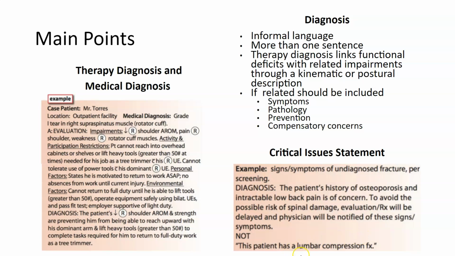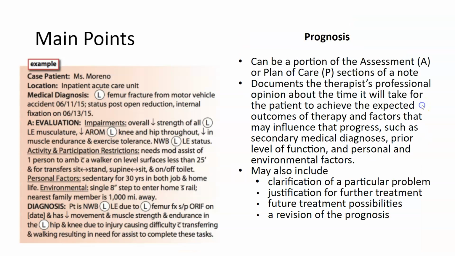We're not going to diagnose them with that more substantial aspect because we would need more imaging, possibly, or it's just beyond our scope to actually make that diagnosis. And it's important not to be guessing with these sorts of things and telling patients what we believe as opposed to what we know. So we would just document this in a critical issue statement stating that we need further assessment.